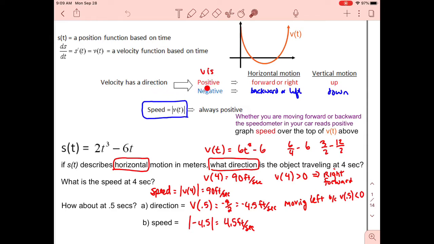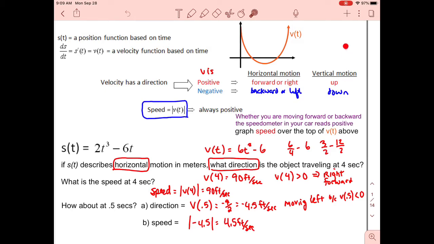If the velocity is a number and that number is positive, and we have a horizontal motion, then it will be moving forward, or moving to the right, or if you are, say, from a wall, you'd be moving away. In other words, the distance is increasing if the velocity is positive.